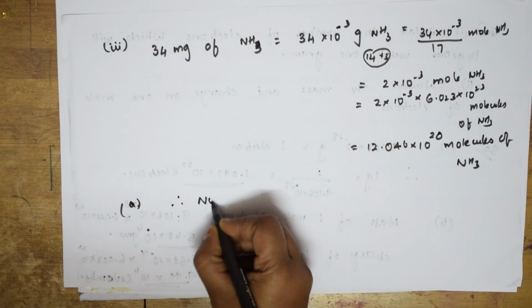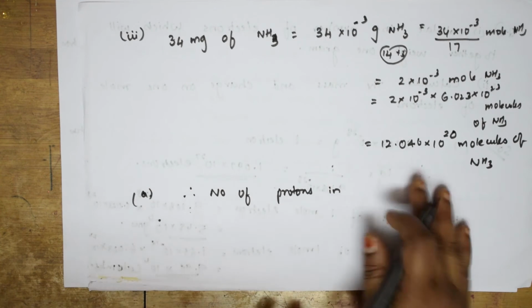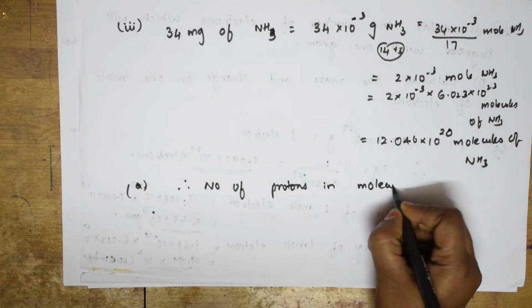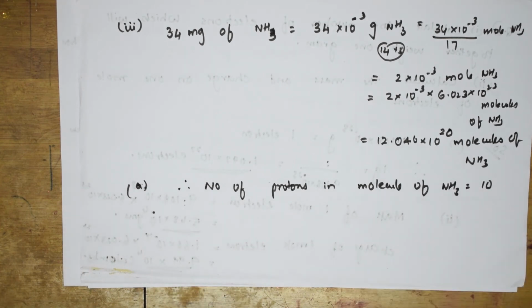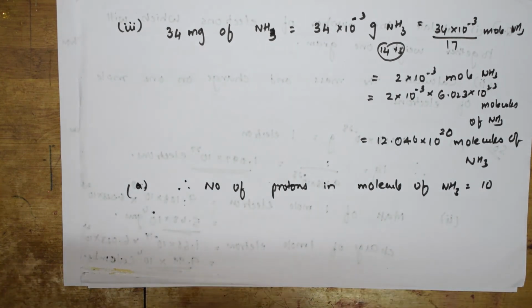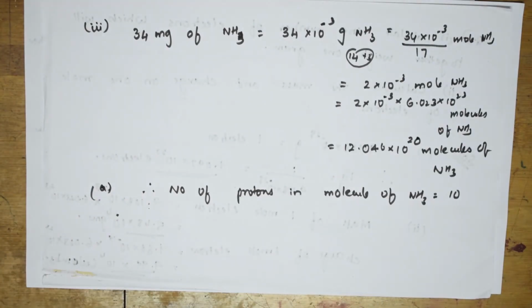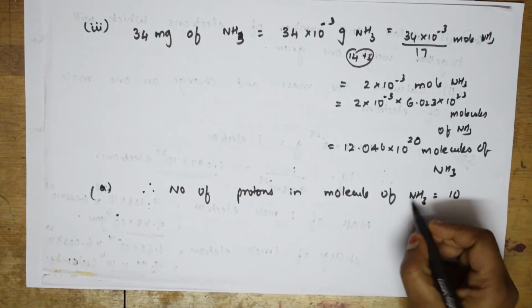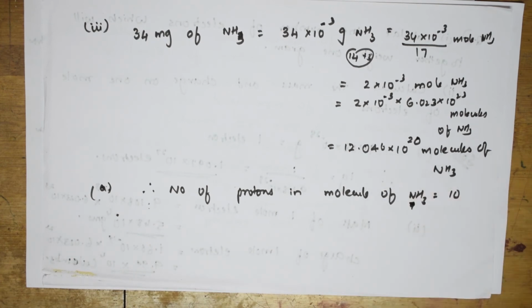It is equal to 10, isn't it? How did I get this? Basically, the atomic number of nitrogen is 7, and 7 plus 3 is 10. So the number of protons in one molecule of ammonia is 10.